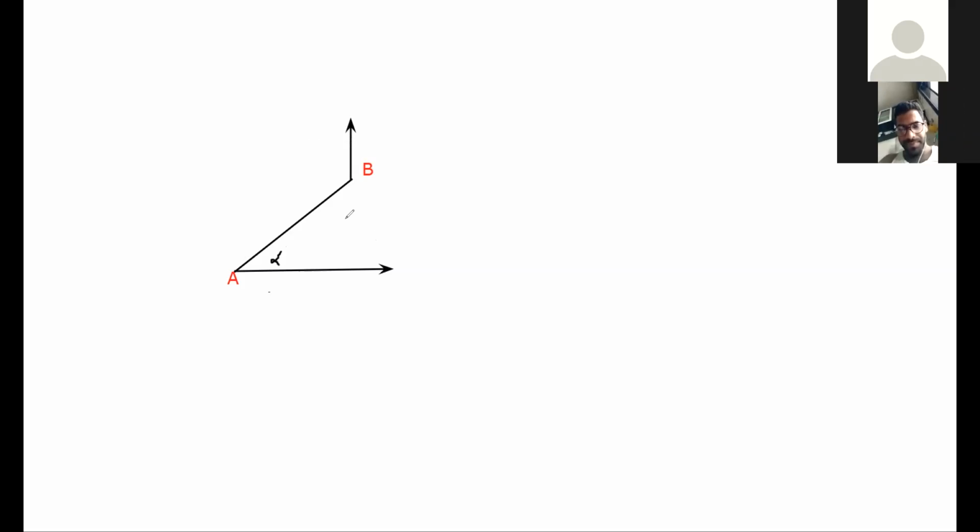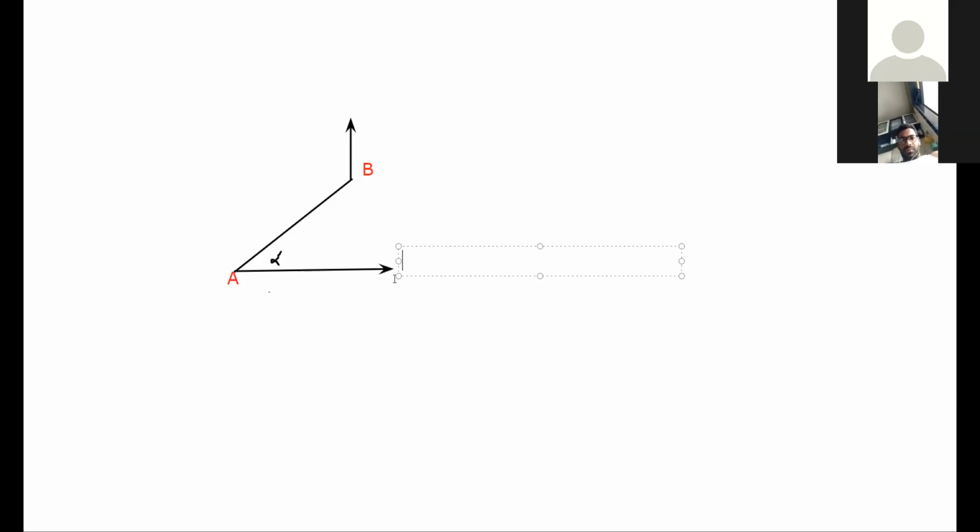Now there is a point in between. This is the velocity of A. There are two points on this link.